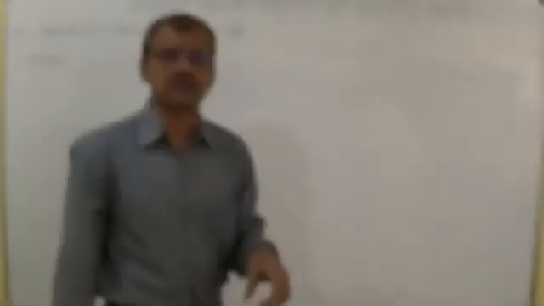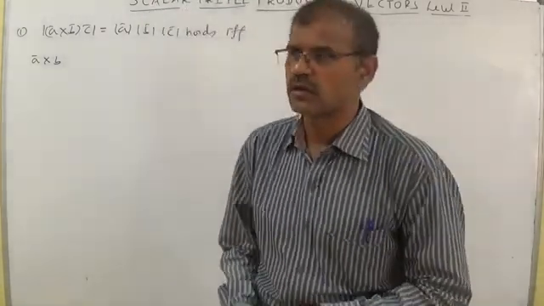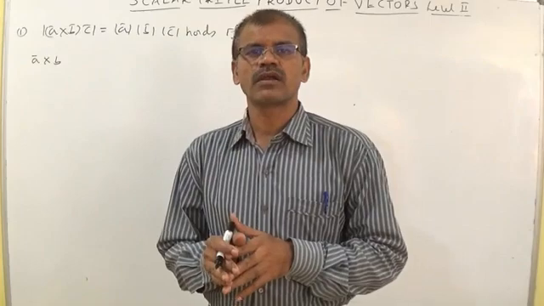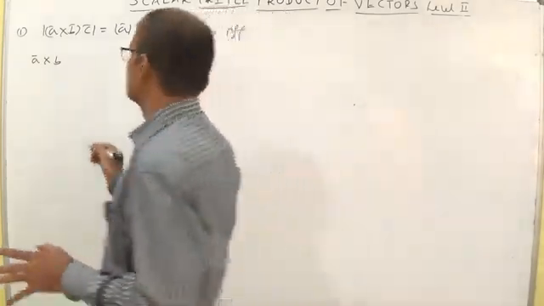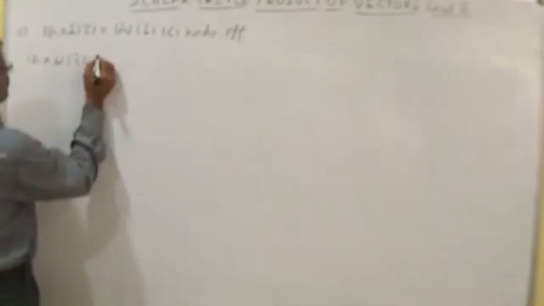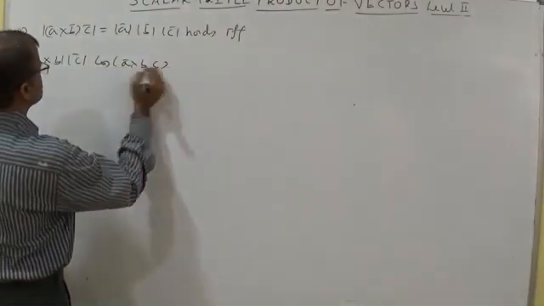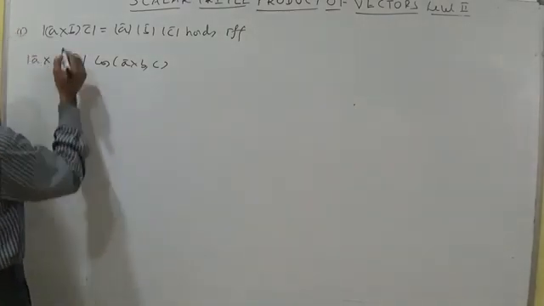C bar is perpendicular to both A bar and B bar. That is, A cross B is perpendicular to both A and B, then C bar is parallel to A cross B. Then the angle between C bar and A cross B is always 0. So you can see here modulus of A cross B into modulus of C into cos of the angle between A cross B and C, using the dot product.